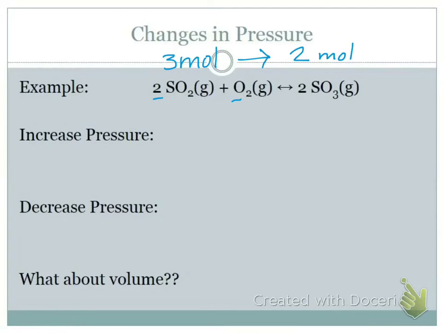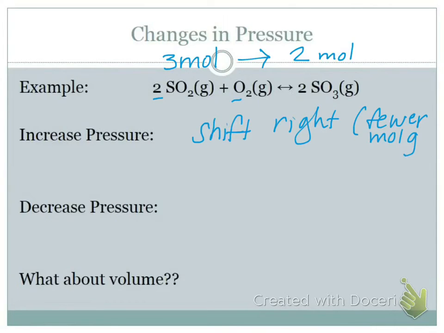If I were to increase the pressure, what would happen? It would shift to the right because there are fewer moles of gas. So that means I would favor my product.